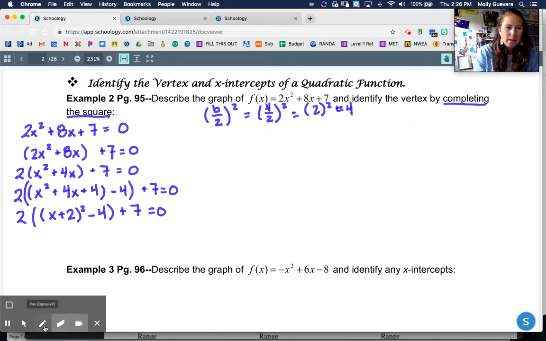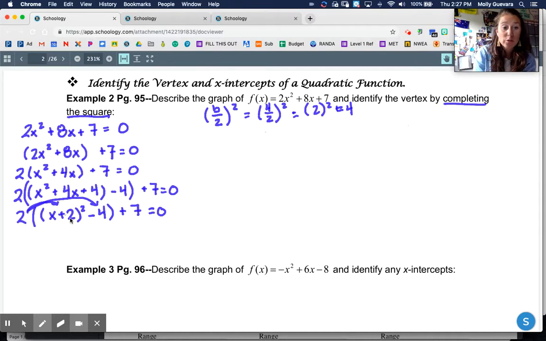Okay, so now what I can do is I can distribute this 2 into that and this. The problem is I can't actually physically distribute a 2 into this x plus 2 squared because the squared is blocking that parenthesis. So what that ends up doing is just becoming 2 times x plus 2 squared. I don't actually get to multiply that in, okay?